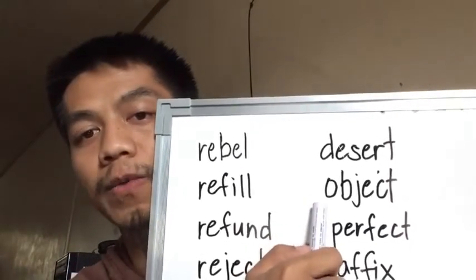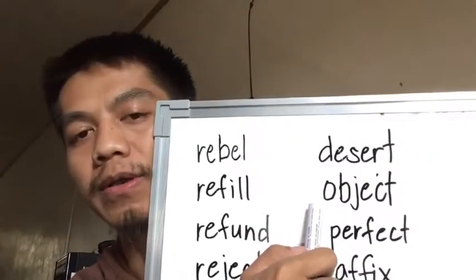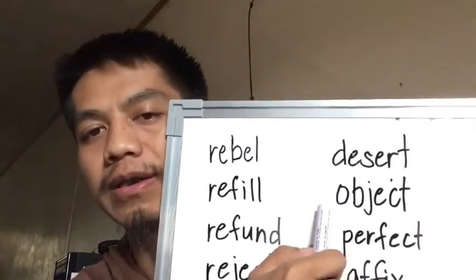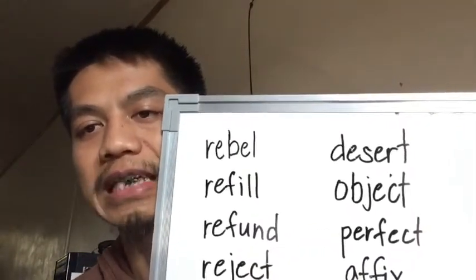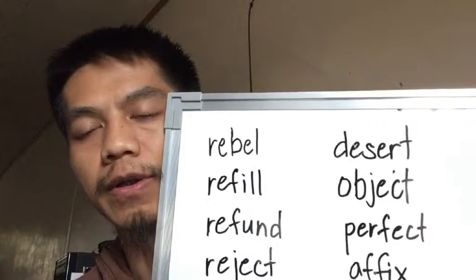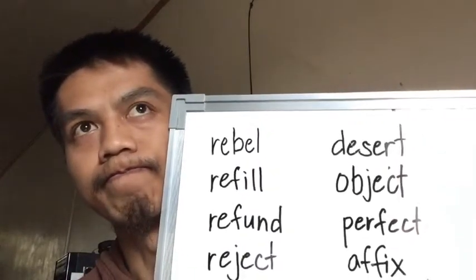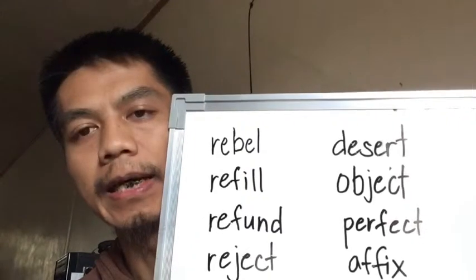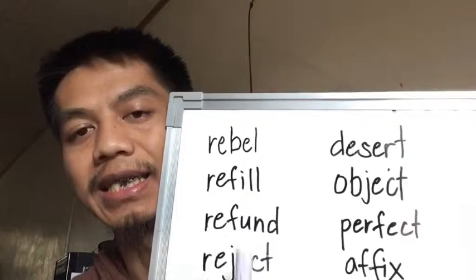Let's examine the second word. This word has two pronunciations. You can either say object or object. When I say object, that's a noun. When I say object, that's a verb. So let me use it in sentences.